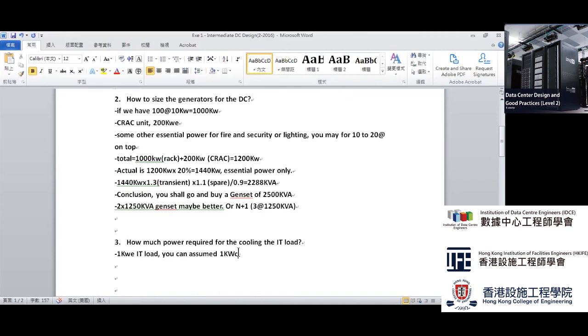But don't forget, you need to add other heat dissipating heat flow, like 2.5 to 5% of the UPS, right? Heat load.